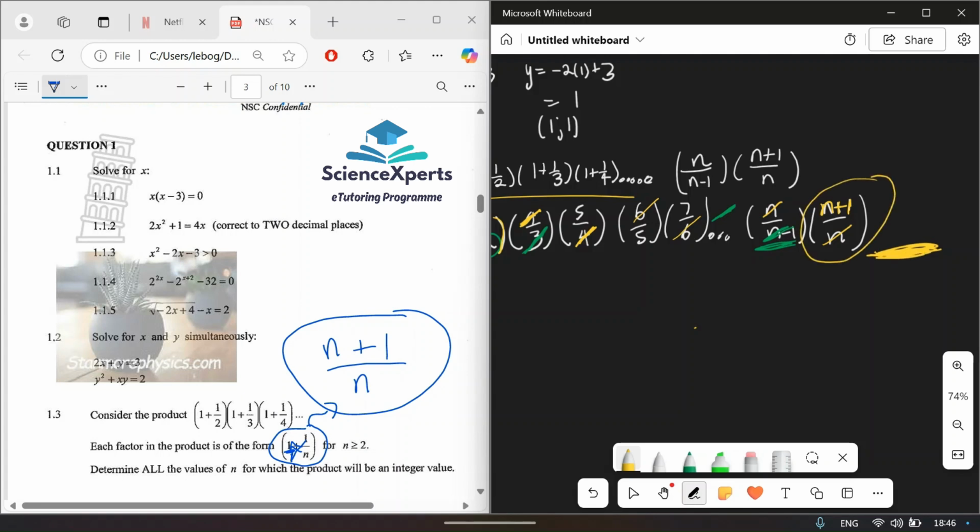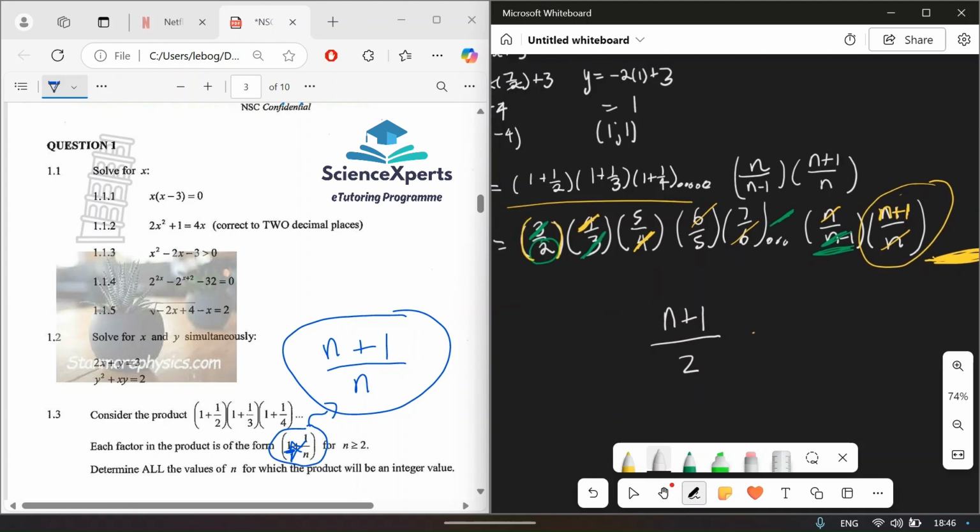This is the last one, so it will remain there. So what we remain with is n plus 1 as a numerator over 2 as a denominator. Can you see that 2 is a denominator there? So the simplified version of our product P is n plus 1 over 2.